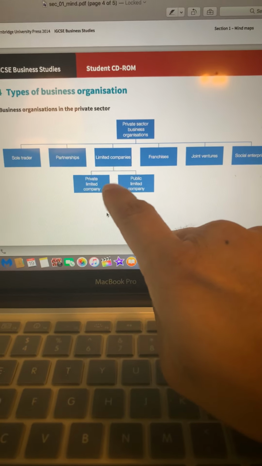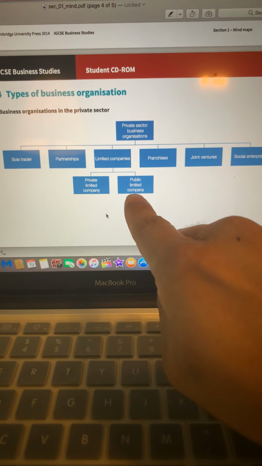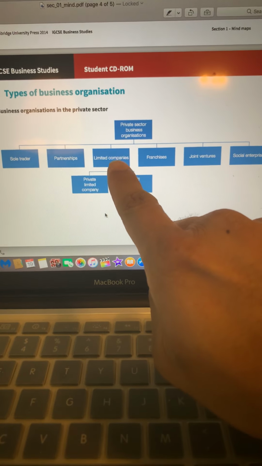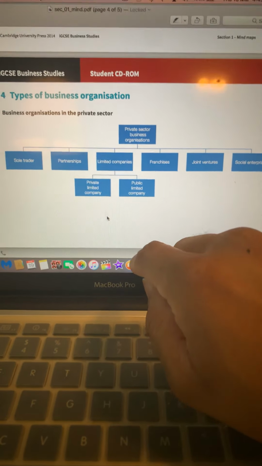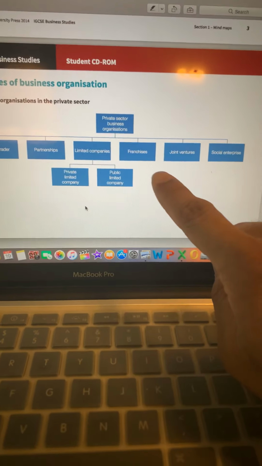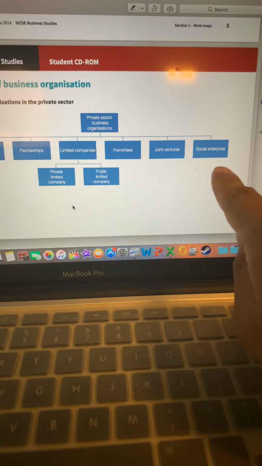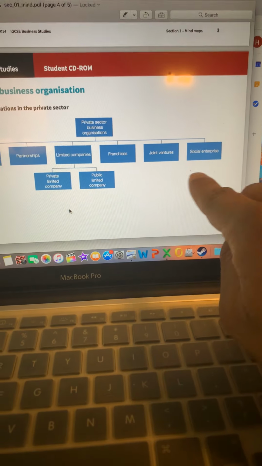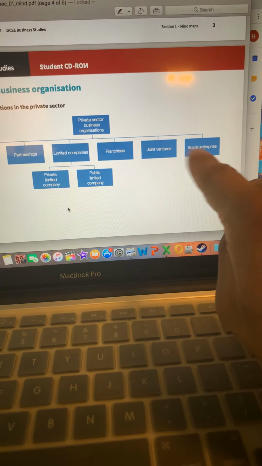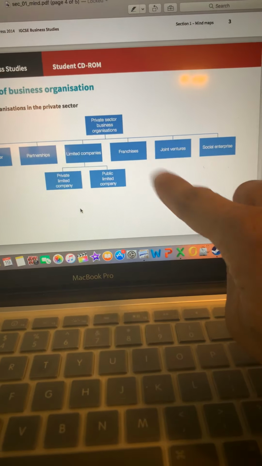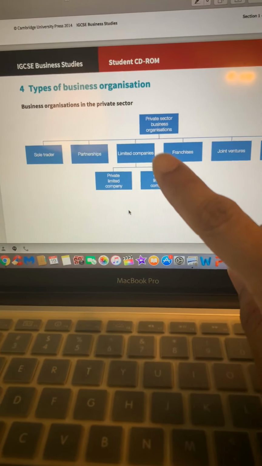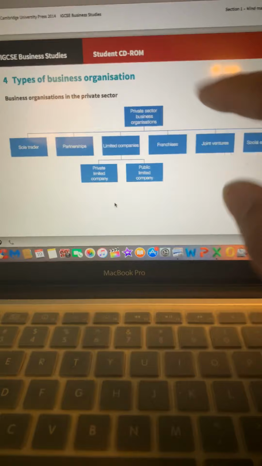Only these two, private and public limited companies, fall under the category of limited liability companies. These examples are usually private limited, or they could be public limited. It really depends, but usually there will be some kind of limited company. But this is where you need to remember because a lot of you made some mistakes there.